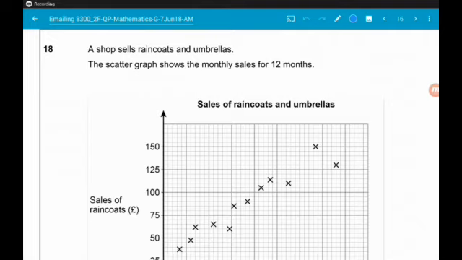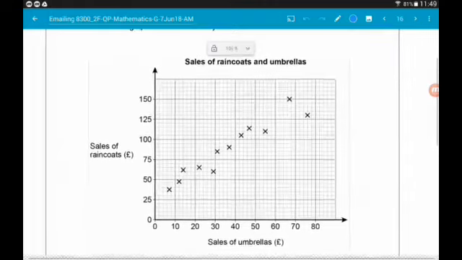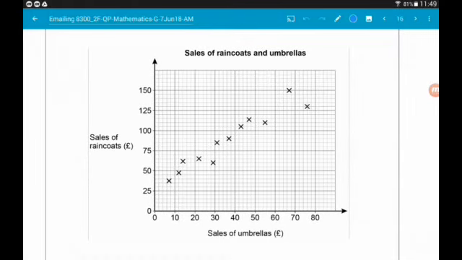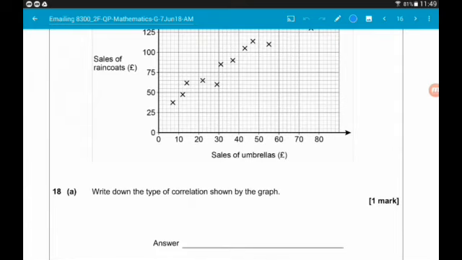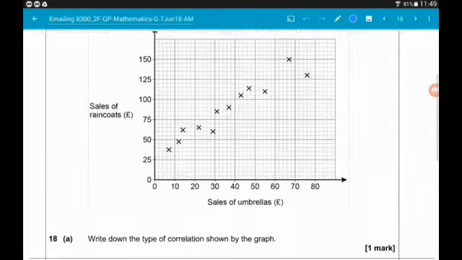In 18, a shop sells raincoats and umbrellas. We got a scatter diagram showing information about the sales over 12 months. So we got sales of umbrellas along the bottom, sales of raincoats going up the side. Part A asks us to write down the type of correlation shown.